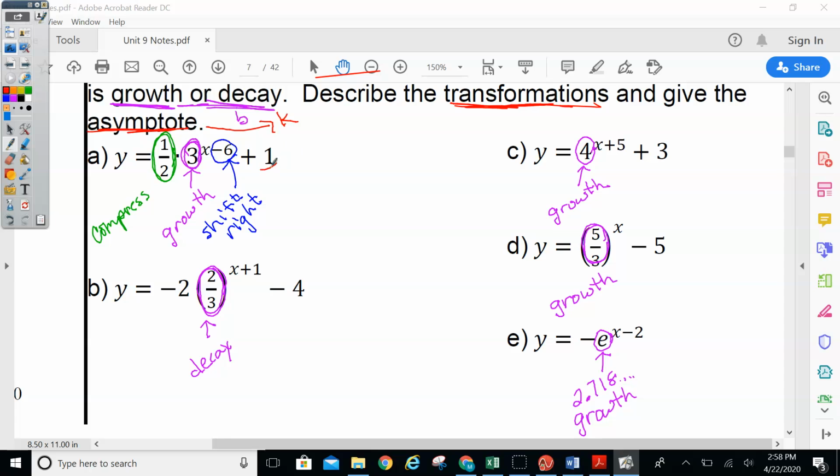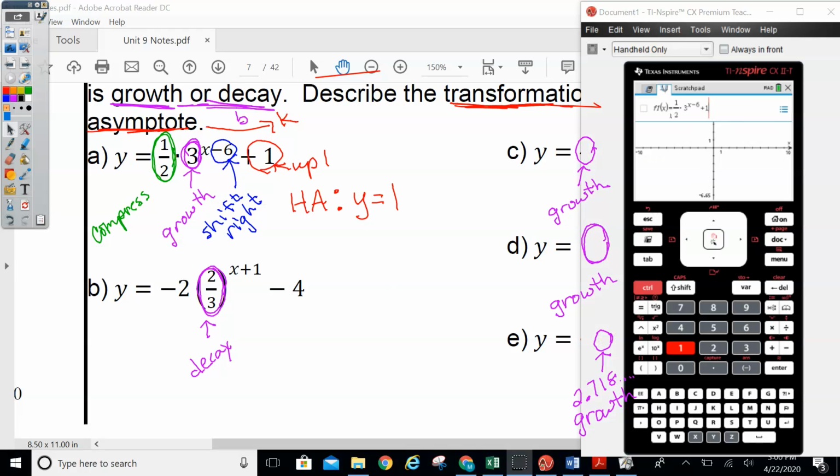And the 1 out here shifts it up 1. Okay, so those are the 4 transformations. The horizontal asymptote is given by the k number. So we say the horizontal asymptote is the line y equals 1. That's the line where it's going to flatline and get closer and closer to.